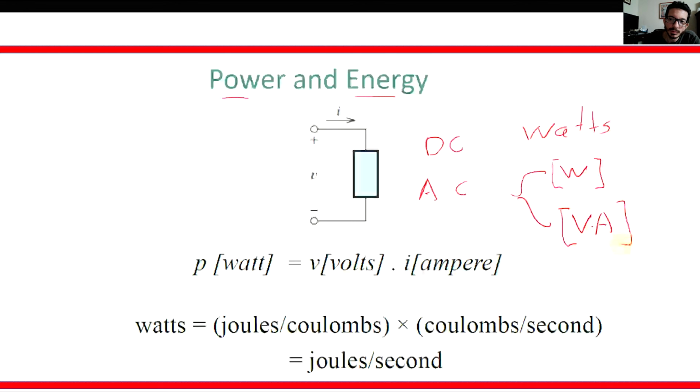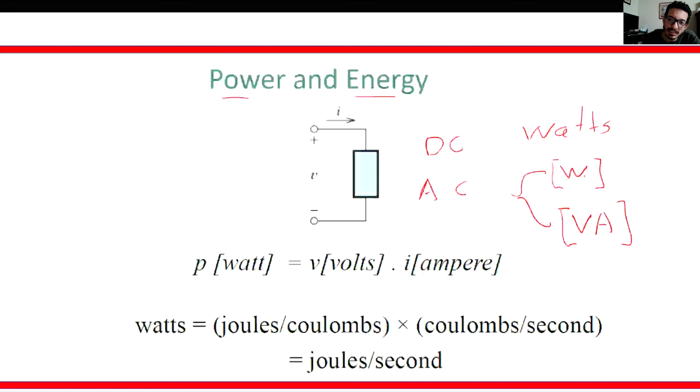Once you take AC, you'll see why, but basically it's because in AC you have something called reactance and impedance, and because of those two concepts, there's some apparent power and some power factors that come into the picture, and it's not so efficient.